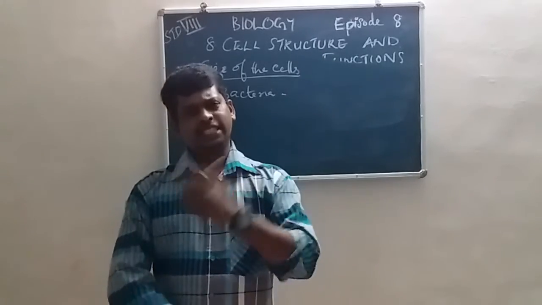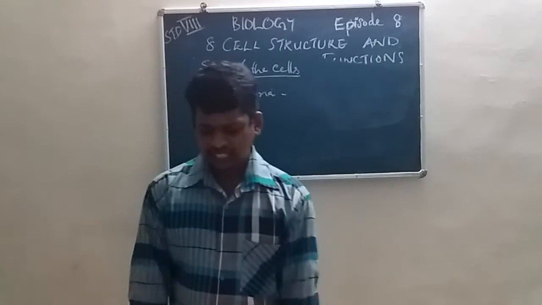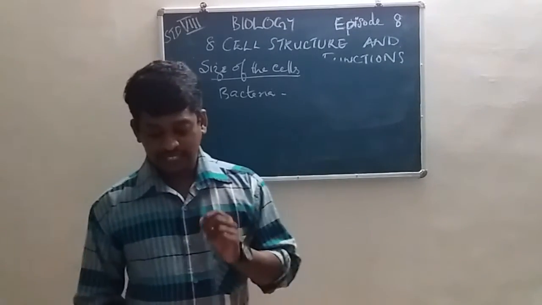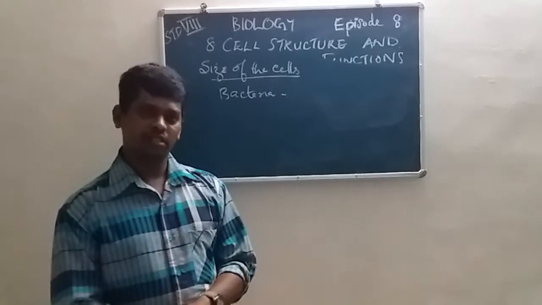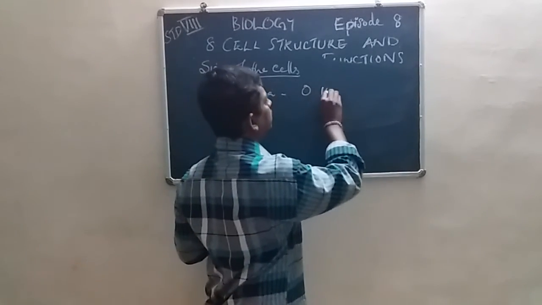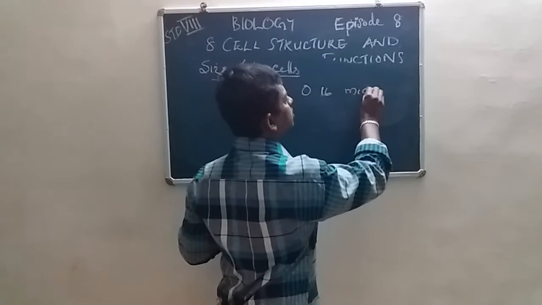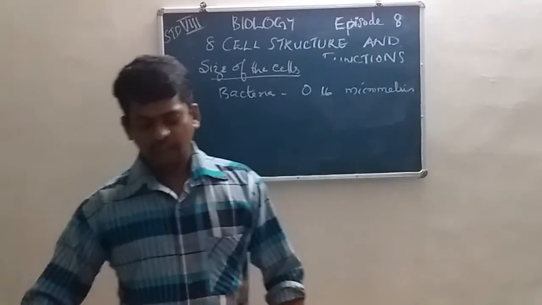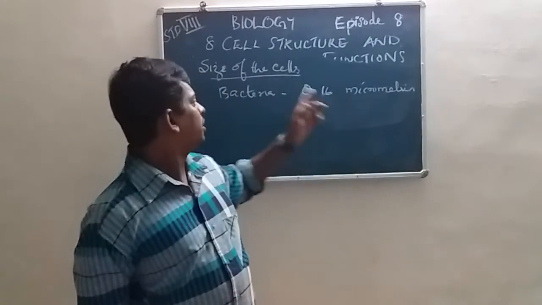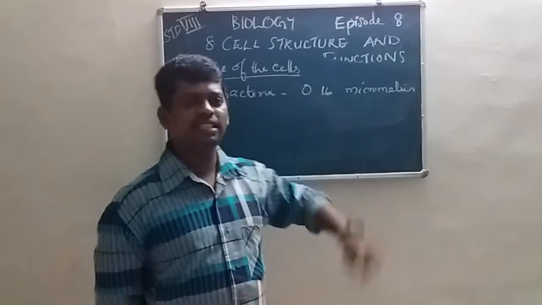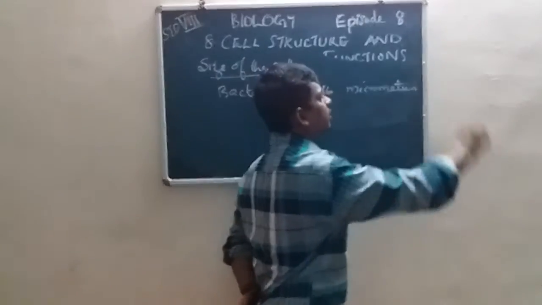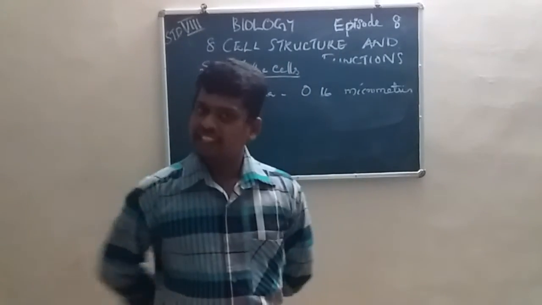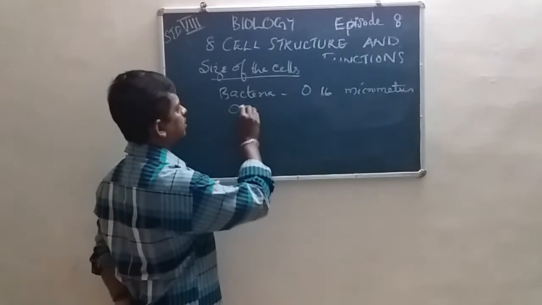What is the size of the bacterial cell? 0.16 micrometer. So, what is the largest cell? The egg of the ostrich.